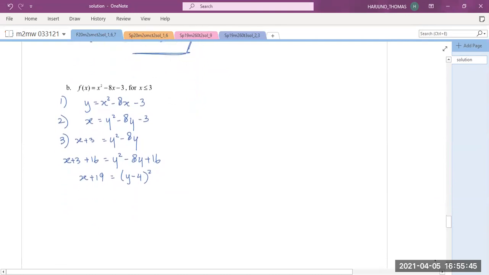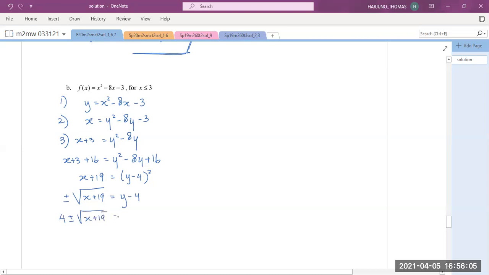Now then I will do the square root. I have plus minus here, right? Now that's the key part. That's plus minus. So if I add 4, that's what we get.